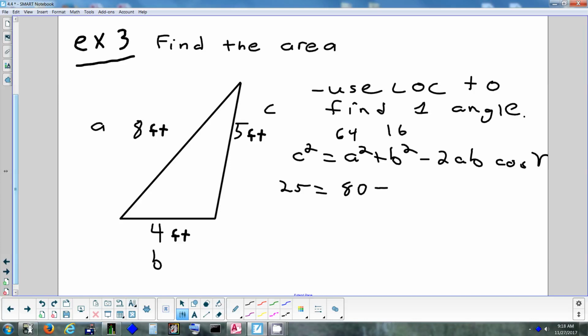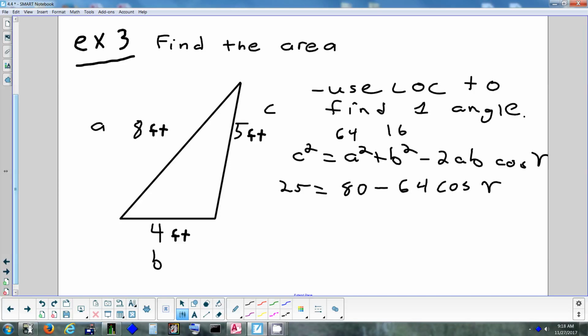Well, 2 times 8 is 16. What's 16 times 4? 64 cosine gamma. Now, this is the step that some people mess up order of operations here.